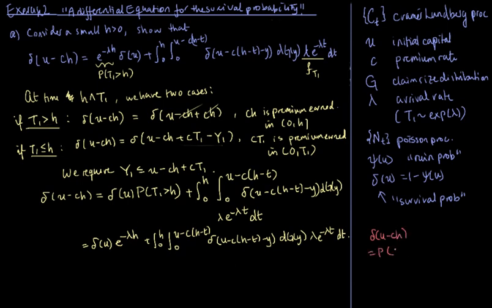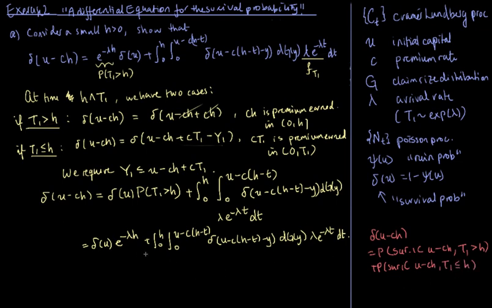The probability of, let's just write it in shorthand, of survival given an initial capital of u minus c h, together with the fact that the first arrival arrives after time h, plus the probability of survival with initial capital u minus c h, together with the fact that t1 is smaller than or equal to h.